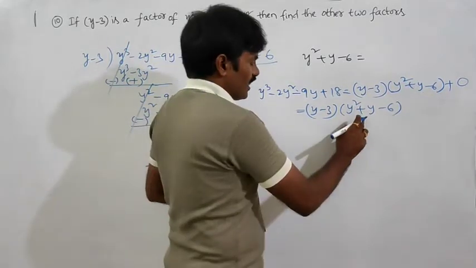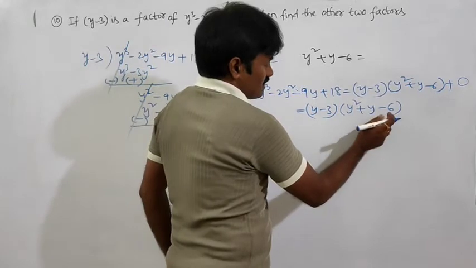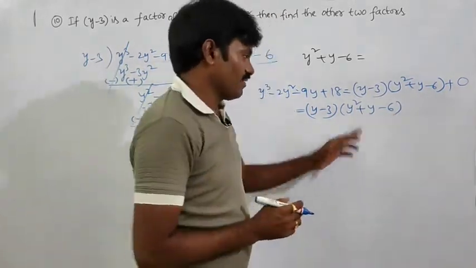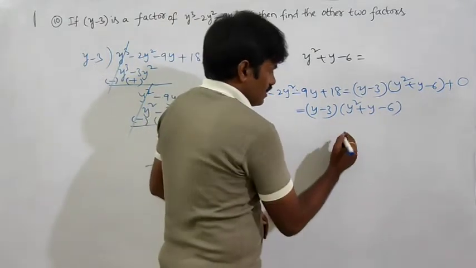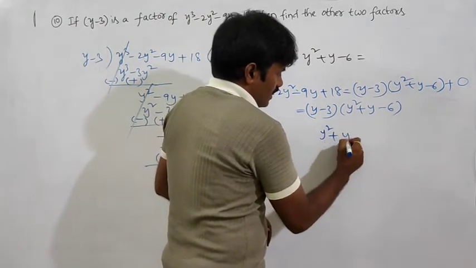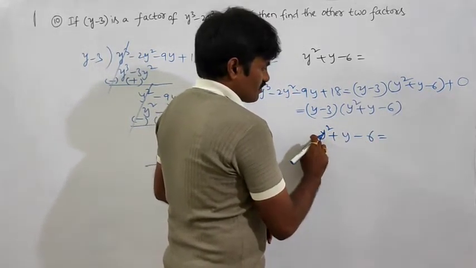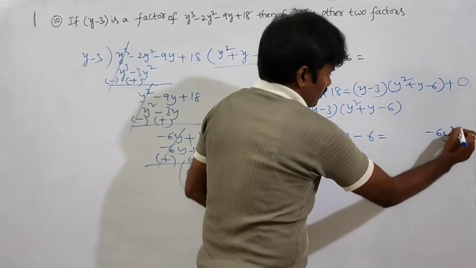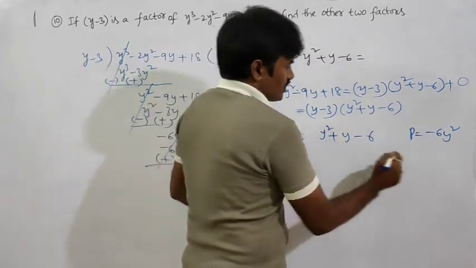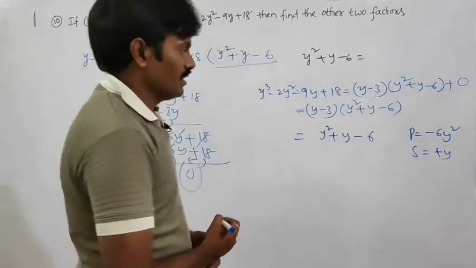Okay, so I am trying to factorize it. Now I am factorizing y square plus y minus 6. Here we need the product minus 6y square and the sum plus y. What are the suitable factors?